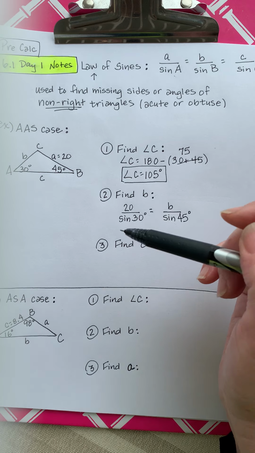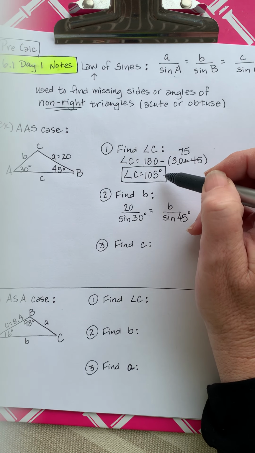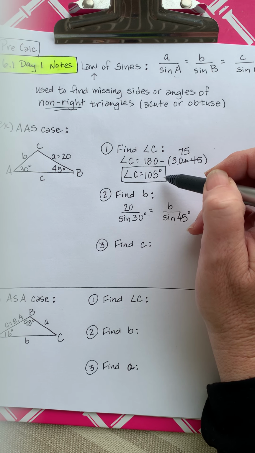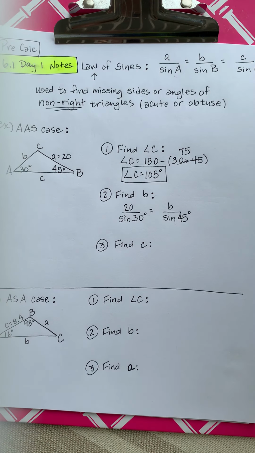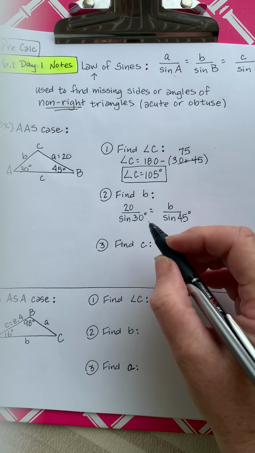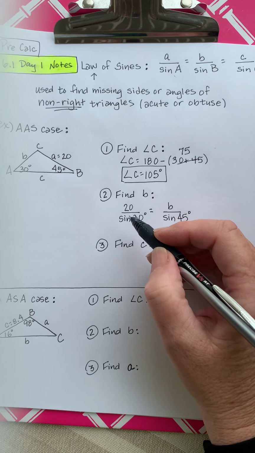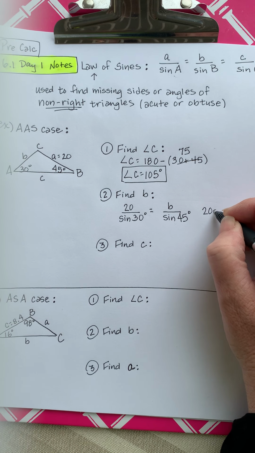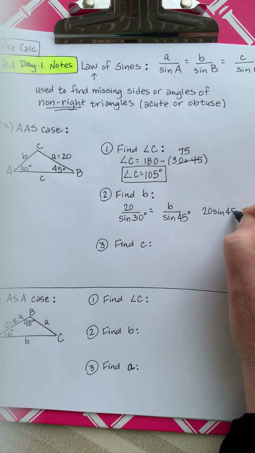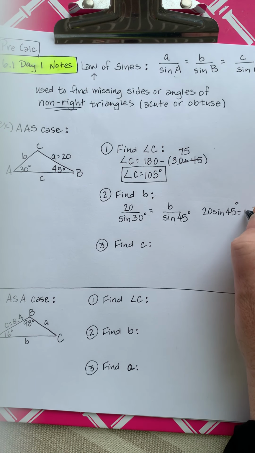I don't want to do C next because I found angle C, and I don't want to use that if I don't have to. I may have to later, but I don't want to use it right off the bat. So I'm going to cross multiply here to solve this: 20 times the sine of 45 equals b times the sine of 30.